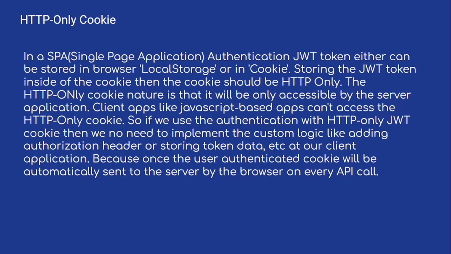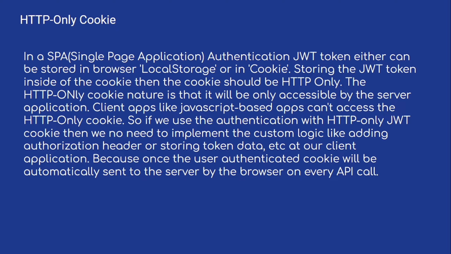So if we use authentication with an HTTP only JWT cookie, then we no need to implement custom logic like adding an authorization header or storing token data on the client application. If the API is giving tokens directly, then we have to store them, and also add those token values as an authorization header.